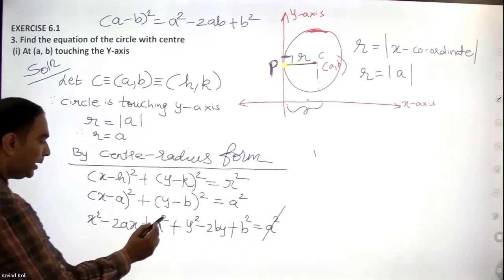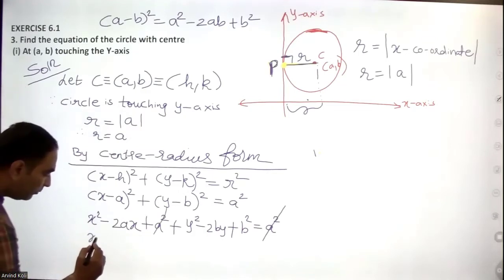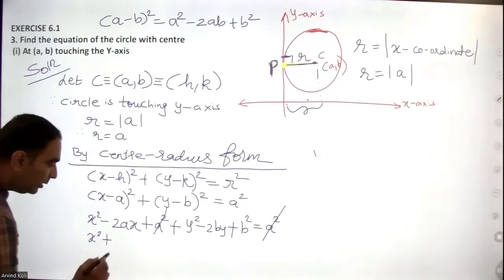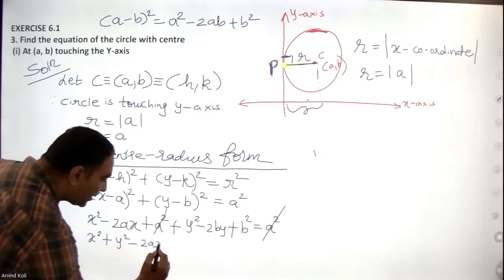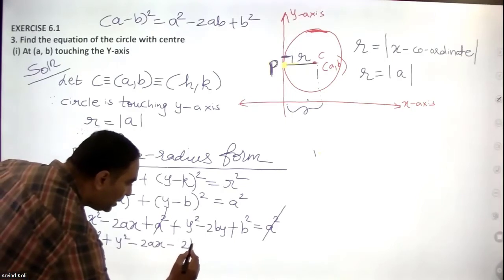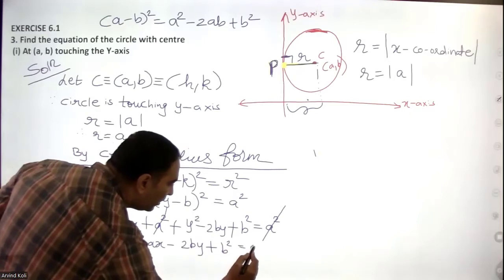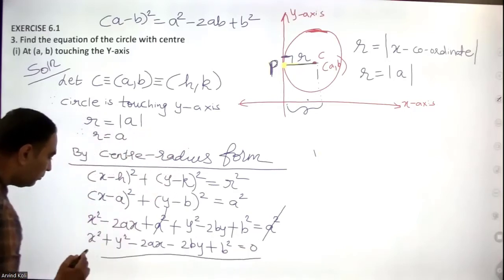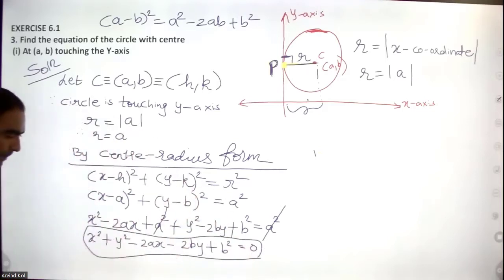The a square cancels here. So we will be left with x square plus y square minus 2ax minus 2by plus b square is equal to 0. That's our answer.